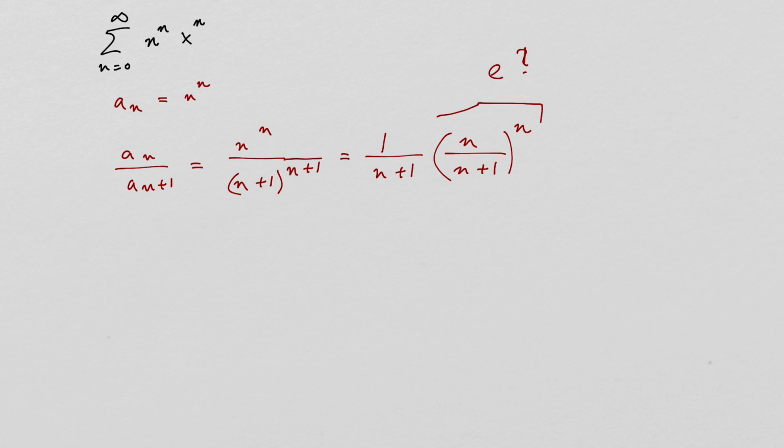We are not yet sure what. The number inside can be written in the way 1 minus 1 divided by n plus 1. So we obtain something like this.